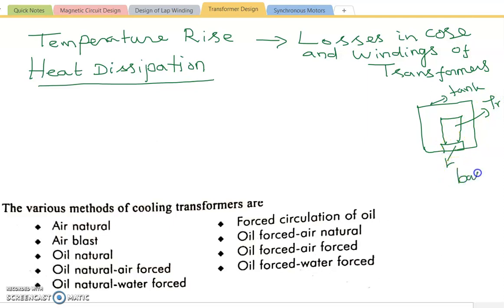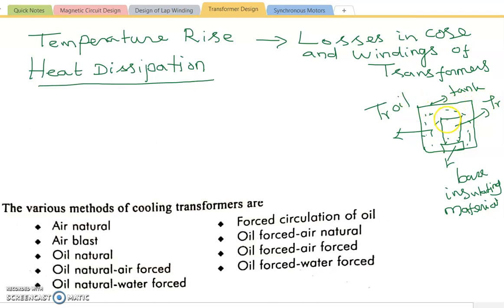It is an insulating material to insulate the transformer from the tank, and here we are filling the tank with transformer oil. So it is an oil immersed transformer that we are using.